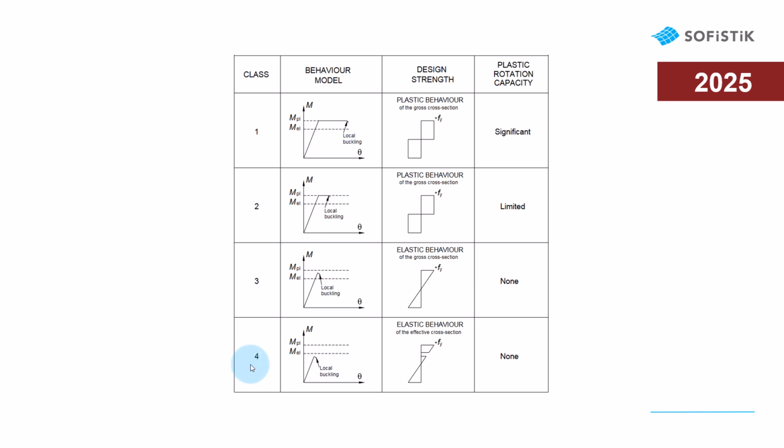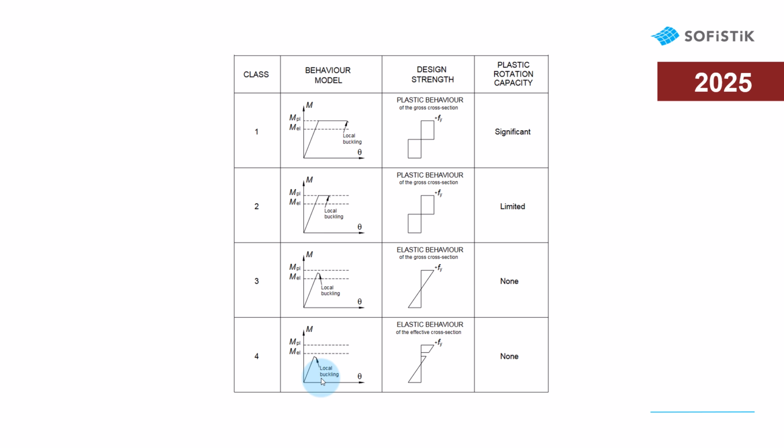That means local buckling effects can occur and have to be considered in the design check. So we have on the one hand the plastic check and on the other hand the elastic check, maybe with an extension to consider local buckling effects.